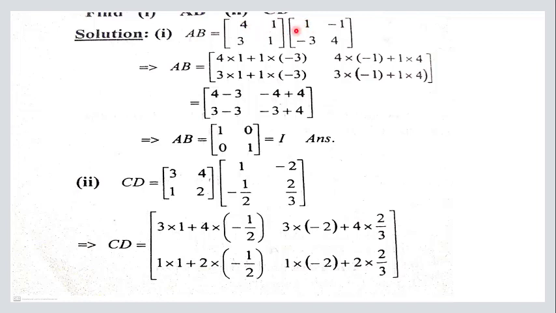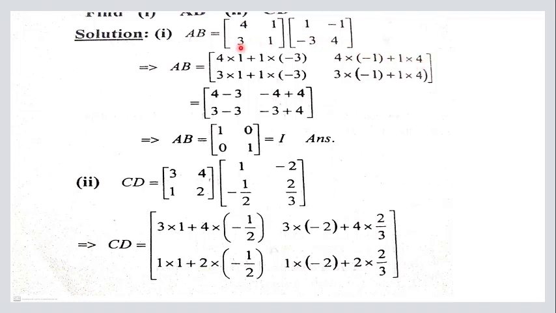So 4 multiplied by 1, and in the center we write plus, and then 1 multiplied by -3. Similarly, you need to give some space over here, and then you will multiply this first row with the second column as well: 4 multiplied by -1 plus 1 multiplied by 4.